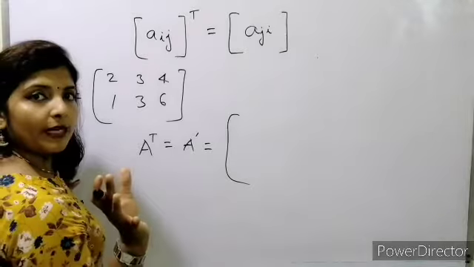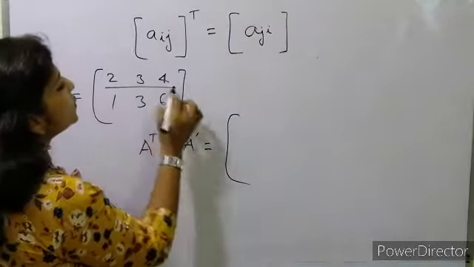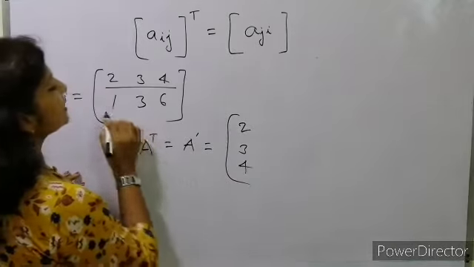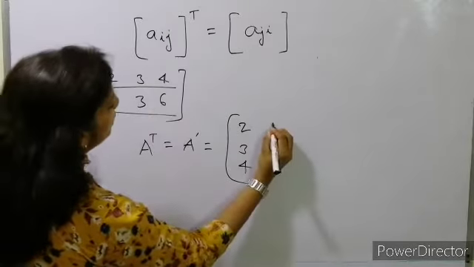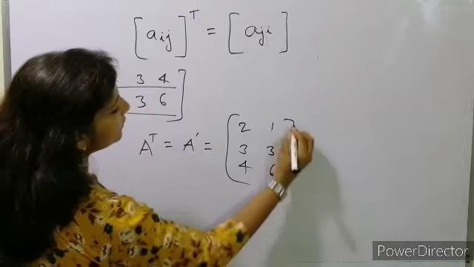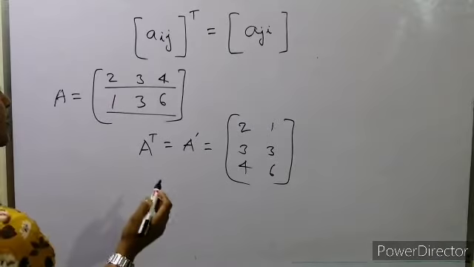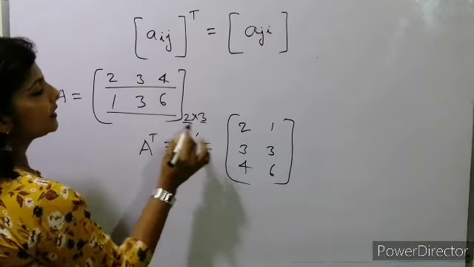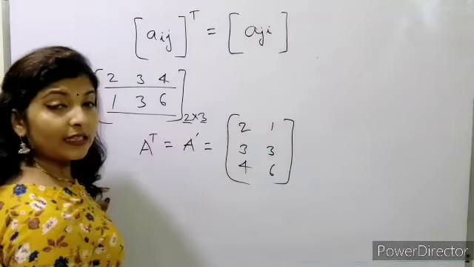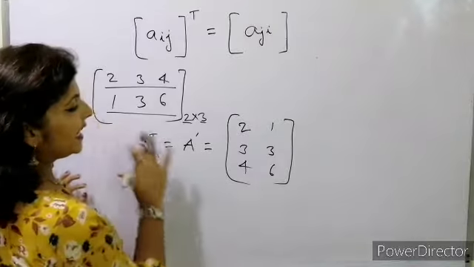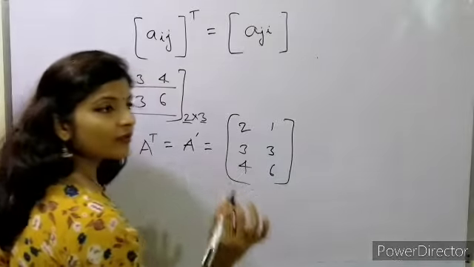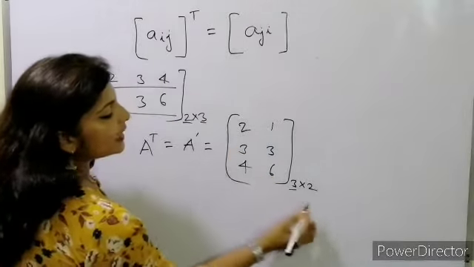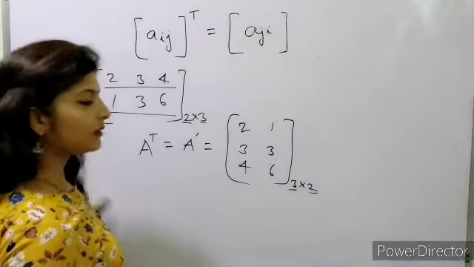So this is the first row, so it will become the first column, 2, 3, 4. This is the second row, so it will become the second column, 1, 3, 6. This is a 2 cross 3 matrix, with 2 rows and 3 columns. So the order of the transpose of matrix A will be 3 cross 2, 3 rows and 2 columns. Okay.